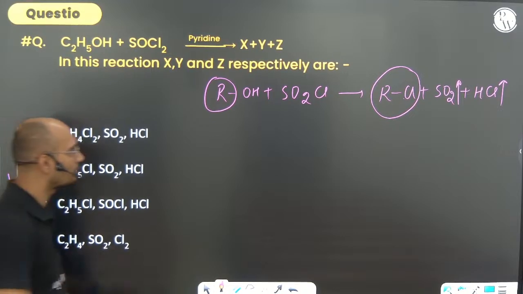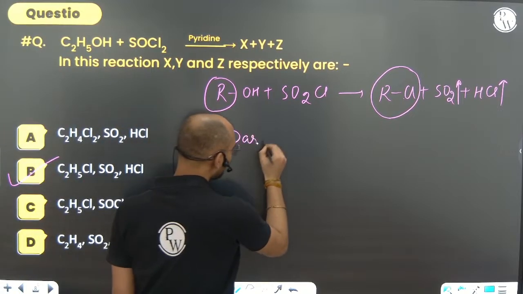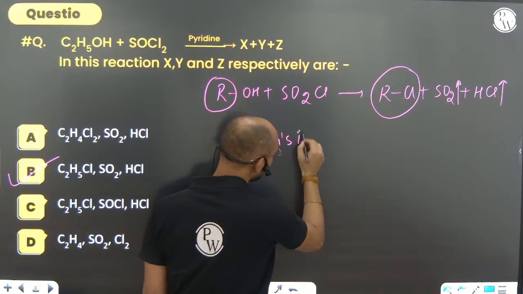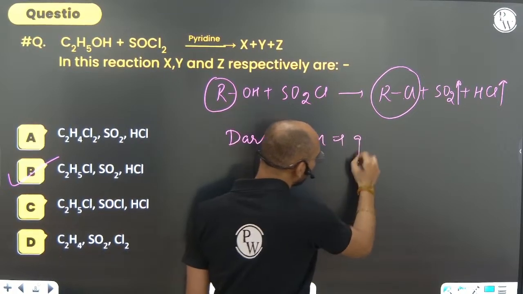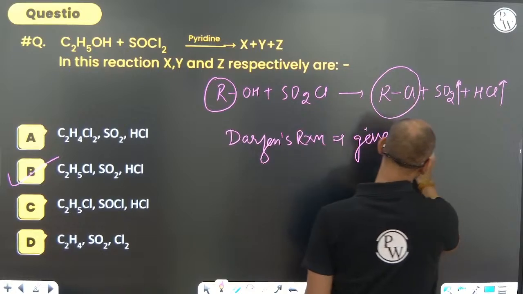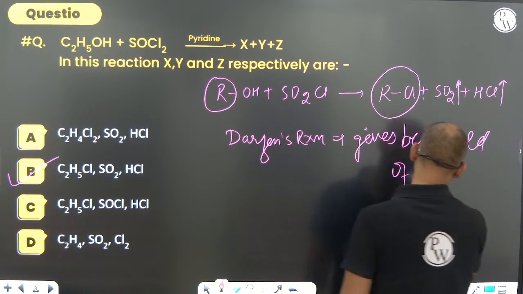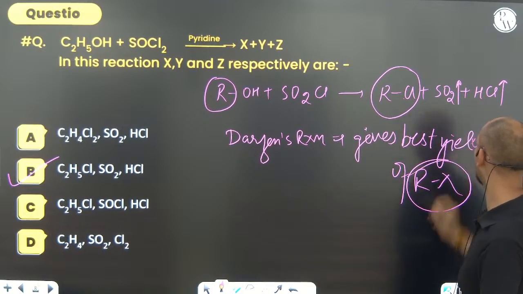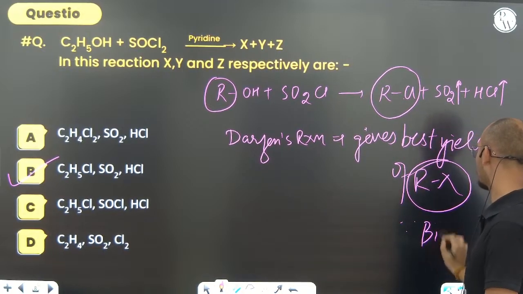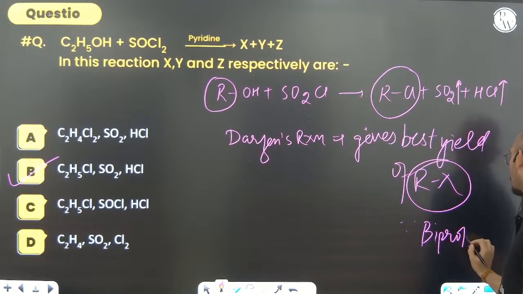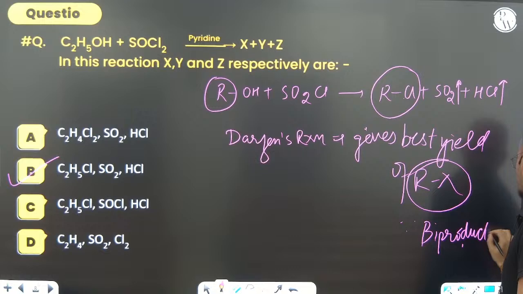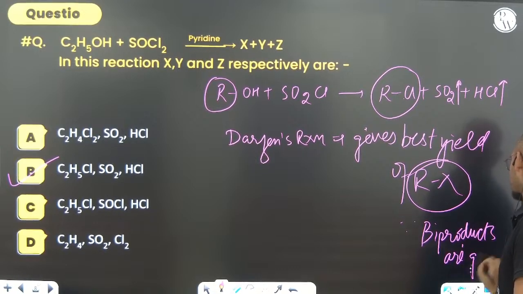So it is called the Darzens reaction, and it gives the best yield of alkyl halide. The reason is that the byproducts are gaseous. Okay.